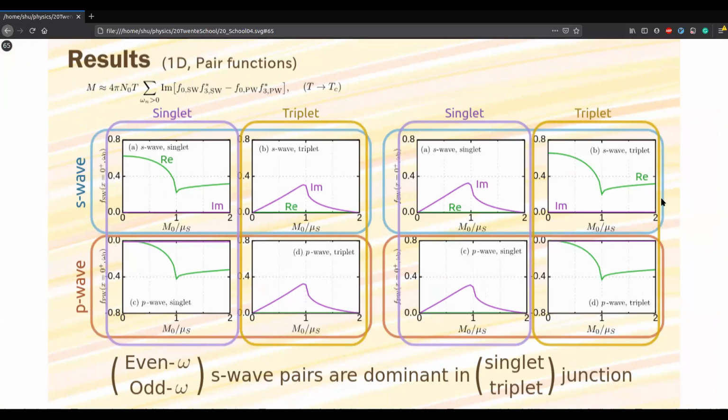On the other hand, if we use the P-wave superconductor, the dominant component is the spin triplet S-wave. So we can show that in these two cases, the generated magnetization should be opposite. This is the reason: the dominant component is different.